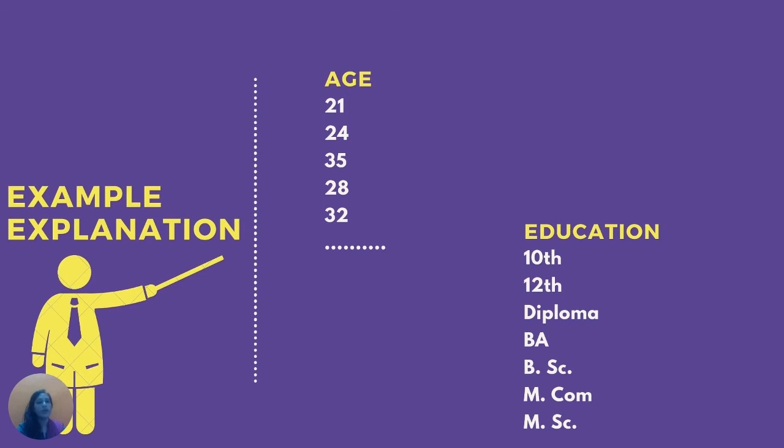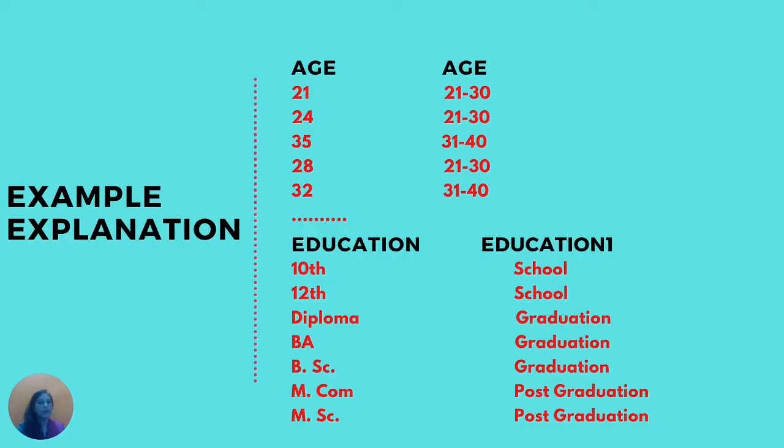Similarly for education, I have to look into the education variable. I need to check what type of responses I have got. According to that I will decide my categories and then I will categorize the available responses. So suppose now for age I am using recode into the same variable. That means I am destroying my existing variable and creating the new one.